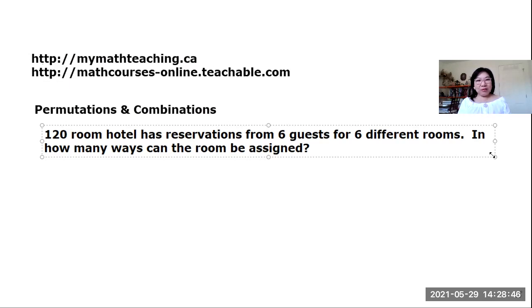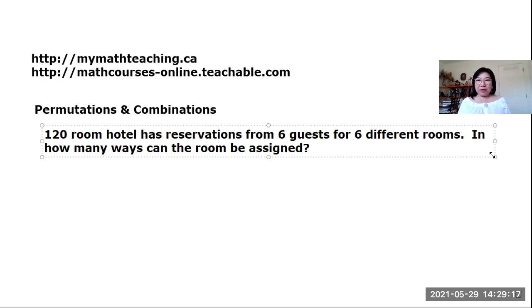So in this question, we assign a 120-room hotel for 6 guests. Now the first guest will have 120 choices. Let's say the rooms are numbered from 1 to 120. And of course, room number 2 will be different from room number 1. Maybe room number 2 will face the window, or room number 1 will face the backyard, something like that, right?